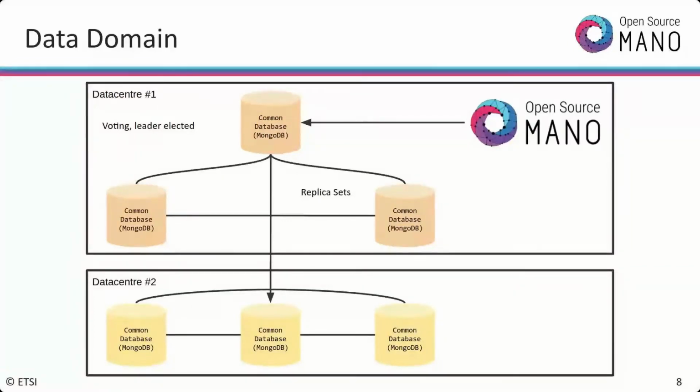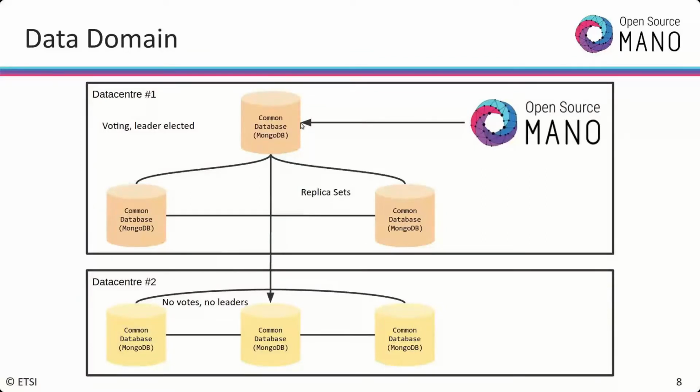This second site should be configured so that it doesn't vote and it doesn't become a leader, because the last thing we would want, with something like 30 milliseconds of latency or however far apart these are, is for one of these to become the primary, and then OSM has to go through that to talk to the database. So we keep the voters and the primaries up here, and down here we issue no votes.